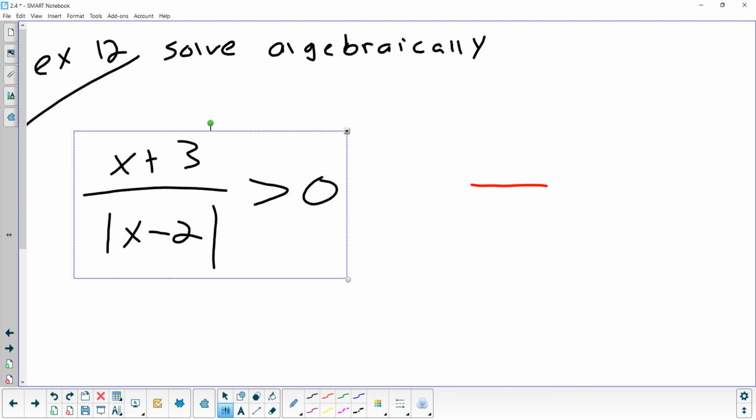If you had a what divided by a what? So basically asking, like, what's the rule for division? When do you divide and the result is positive?